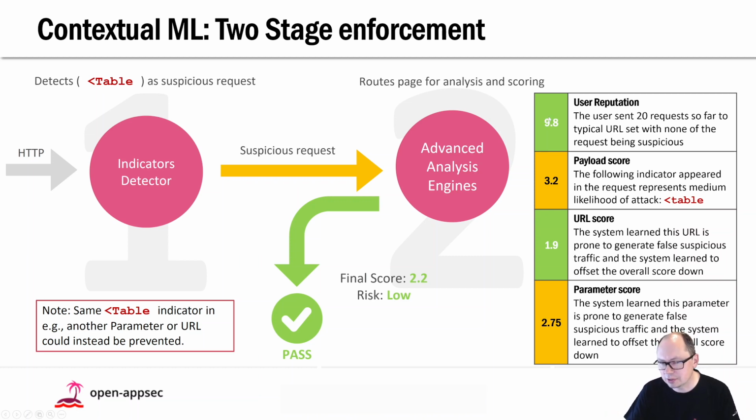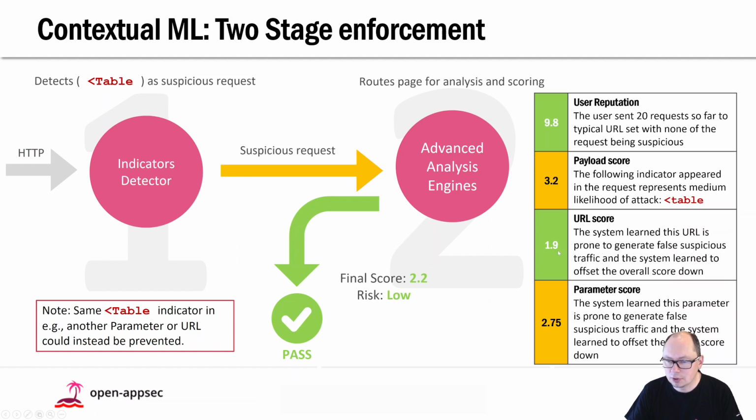So his reputation from the perspective of the advanced analysis engine is very good. The actual payload score is somewhat medium, so there is a certain likelihood of this being an attack, but this alone is not good enough to say this is actually an attack.